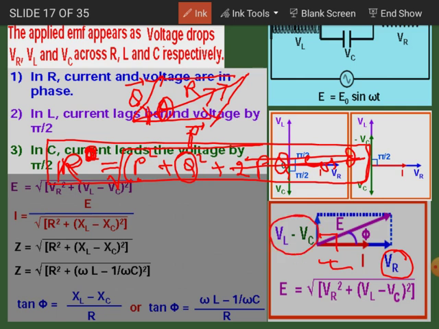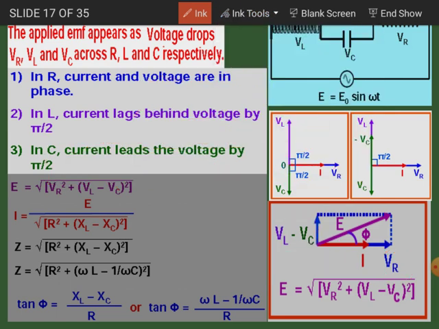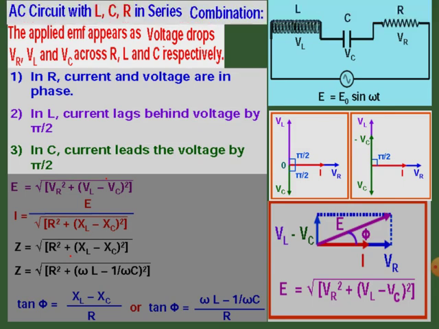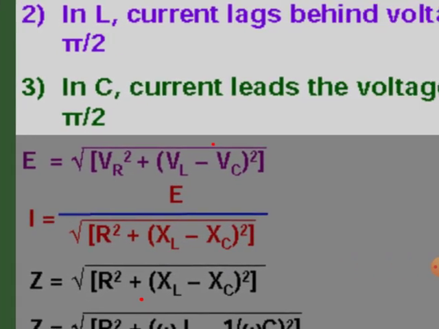So the resultant, represented by the diagonal, will be given by E. Your E will be equal to the square root of VR square plus VL minus Vc whole square. Got it? So root over is there.